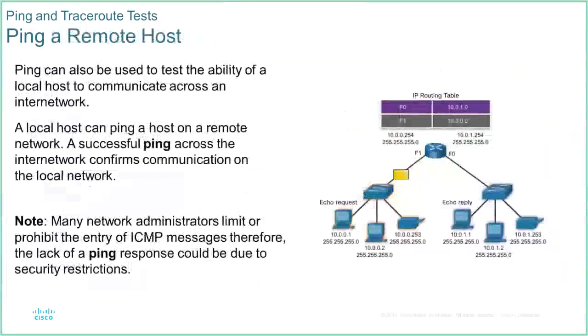So after confirming we can get to the gateway, you then will expand through the network to find out whether you can get to another device, so a remote host. If successful, everything's working as far as IP is concerned. That doesn't mean you've got functionality on an application level.